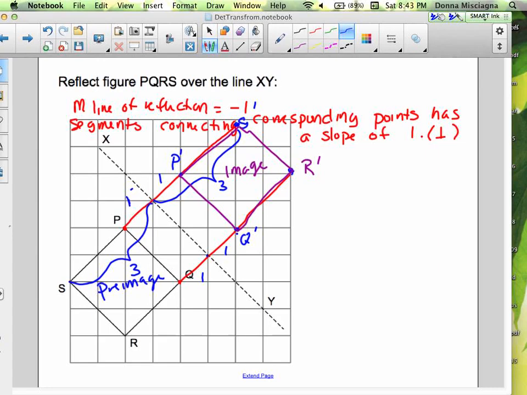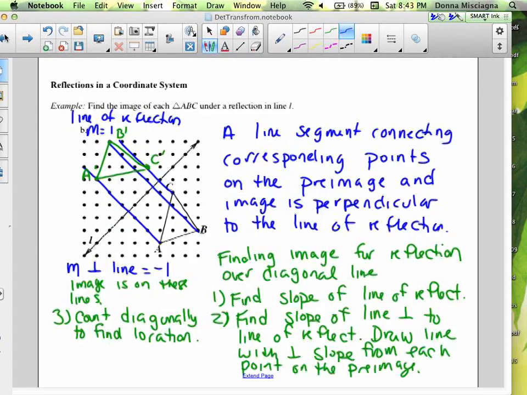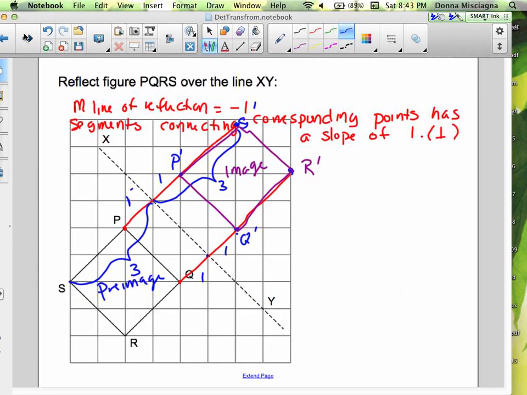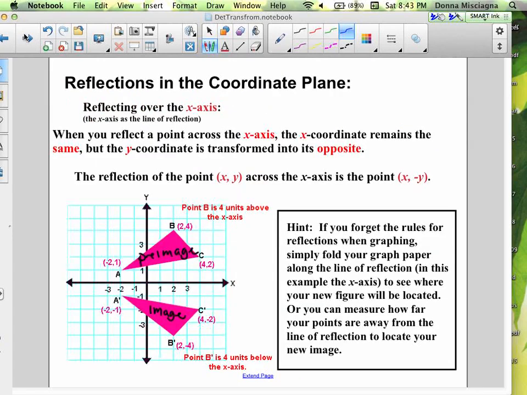So put this in your notes, and put this part in your notes as well. Because this will help you when we have a tricky line. What if we had not a slope of 1, but a slope of 2? That gets a little trickier. You can use these same steps. That's why they're very handy. And whether there are coordinates or not, you can use that.